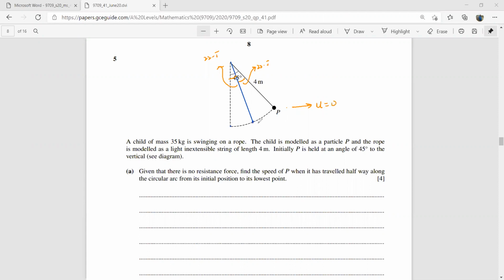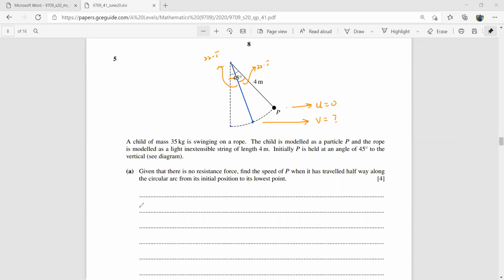We have to find the speed at this level. So there is no driving force. There is no resisting force. So this is clearly the situation where you can say that the gain in kinetic energy is equal to the loss in potential energy.